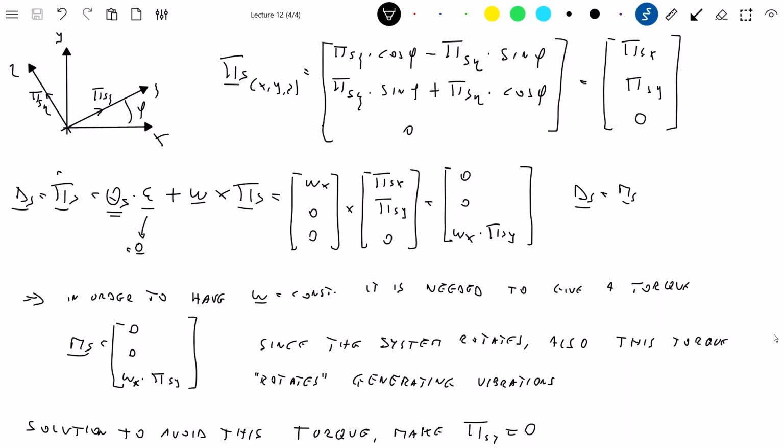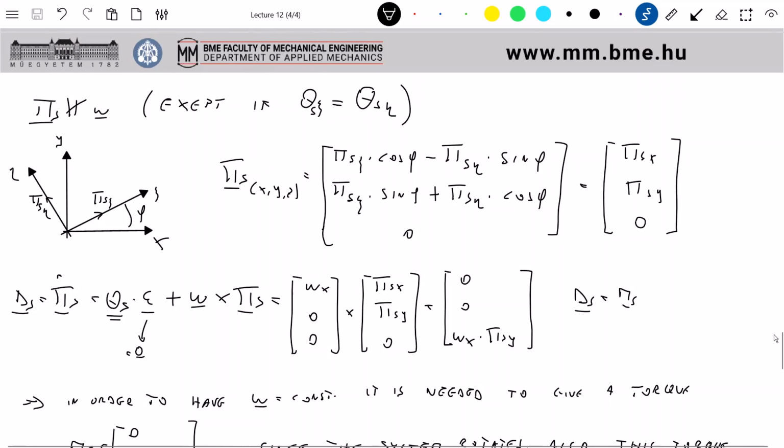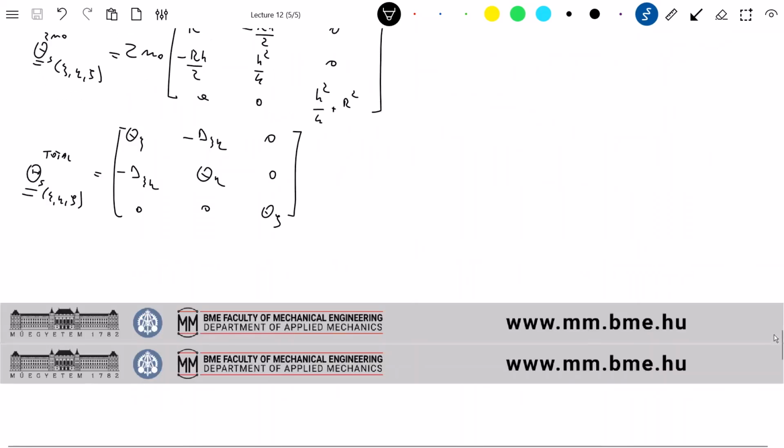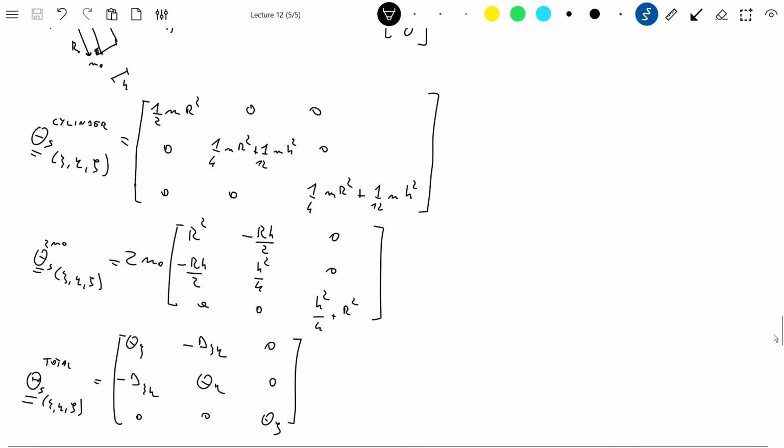Theta sy is given by this. You can go back to check everything, but the important thing is that we have this phi. If this phi is different from 0, we'll have something. We want to compensate that with these two masses. Sorry, sometimes I'm losing myself in the explanation, but I try to keep track. Again, if you have questions, just ask.